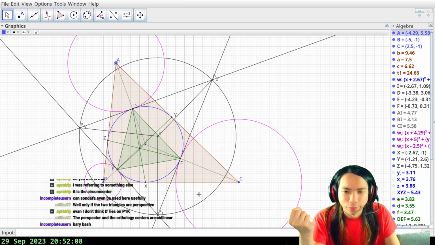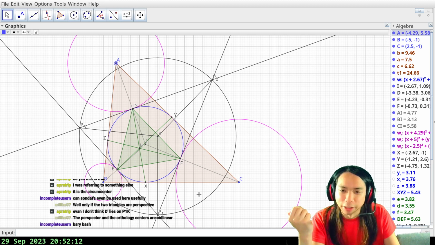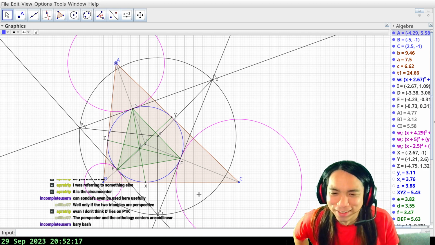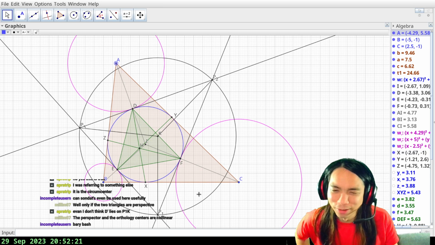The perspector and orthology centers are collinear. Okay, well, in this case, the perspector is the median point of DEF, which is not what we want. Wait, hang on. No, are you duping me?